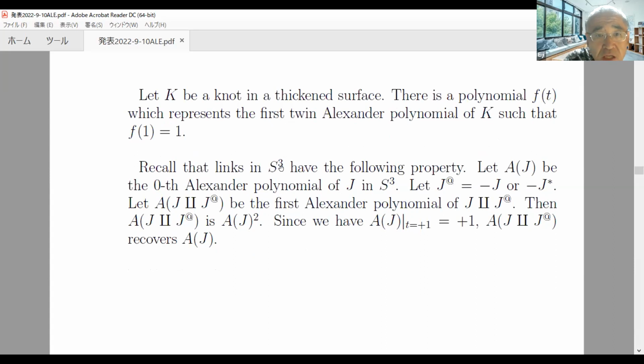In the S3 case, if F is S3, in the classical case, the twin Alexander polynomial is the square of the Alexander polynomial of J or J-hat. Okay, the Alexander polynomial of J and J-hat is a square.